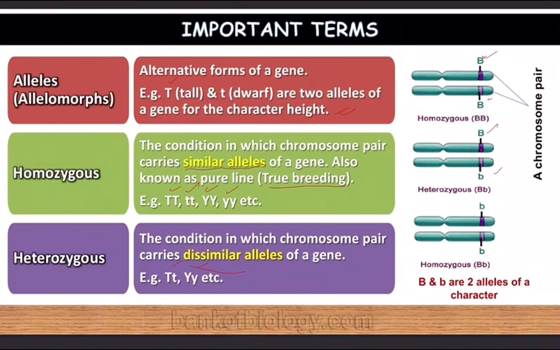So basically, in homozygous condition, organisms have two similar genes or alleles for a particular character in a homozygous pair of chromosomes. That means it can be capital T or small t. Here, do not think that there will be a gene in the shape of capital T or in the name of capital T. For convenience sake, we are taking that as an example, right?